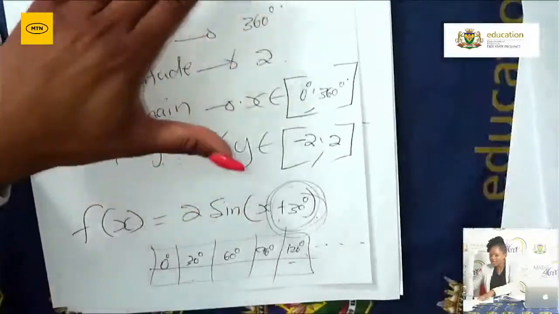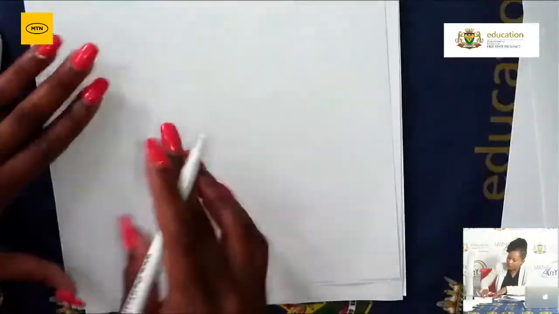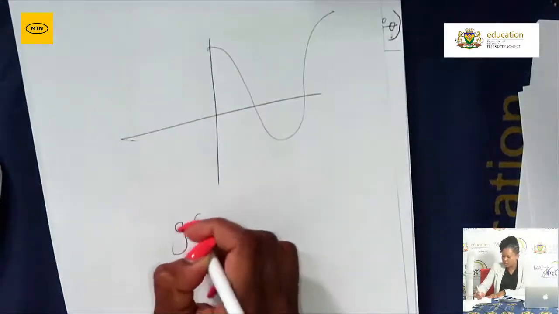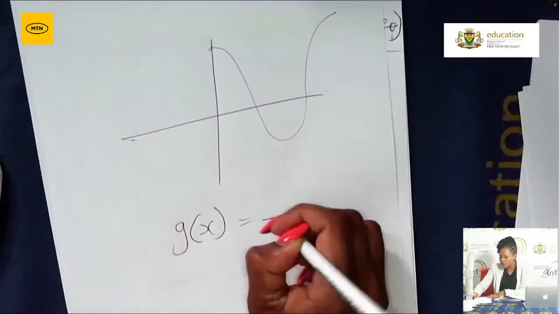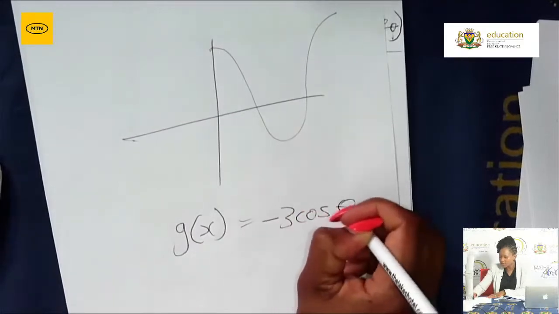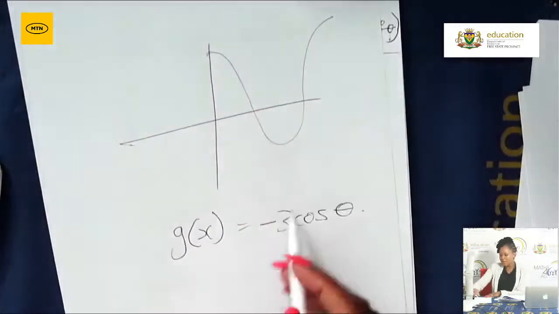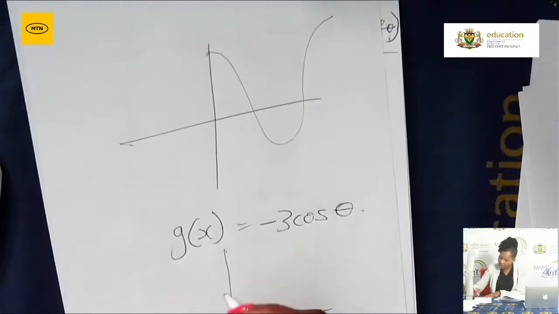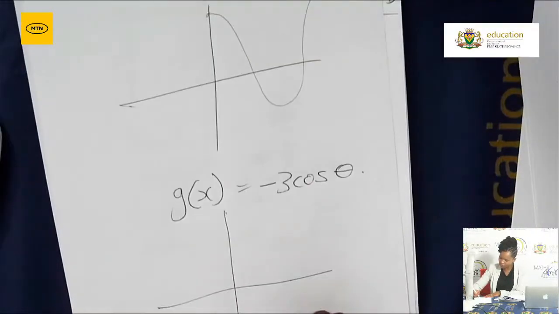Other than the sine graph, we have the cos graph. Expect the cos graph as well. Here's the shape of your cos graph. So when you sketch the cos graph, suppose you have g at x equals negative 3 cos theta. When this is negative, your cos graph will face down.